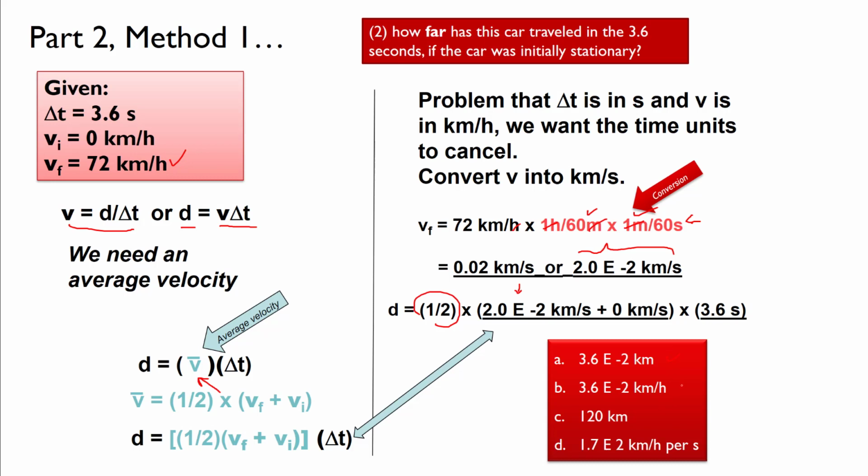So kilometers right there is okay, and kilometers right here is okay. Kilometers per hour, that's a velocity, not an acceleration, and that's not what we're after. And kilometers per hour per second is also the wrong units because that's an acceleration. We don't want that. So really it's between 120 and 3.6 times 10 to the 2.